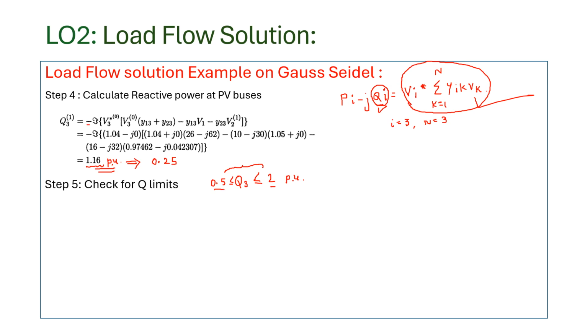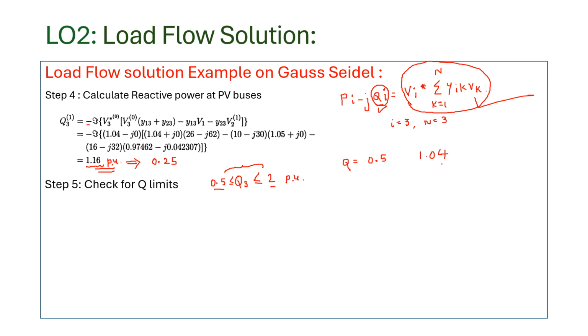In that case, we have to fix the Q value at this bus as the minimum, 0.5, and consider it as a PQ bus, and proceed with the calculation. Whatever voltage was specified, that is 1.04, we have to drop, and proceed as a PQ bus, that is, calculation of voltage.